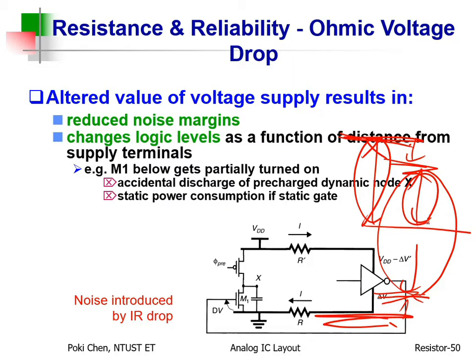So it means your circuit cannot tolerate as much noise as you imagined from the beginning. Even for a digital circuit, the possibility of going wrong will be substantially increased according to the reduction of noise margin.